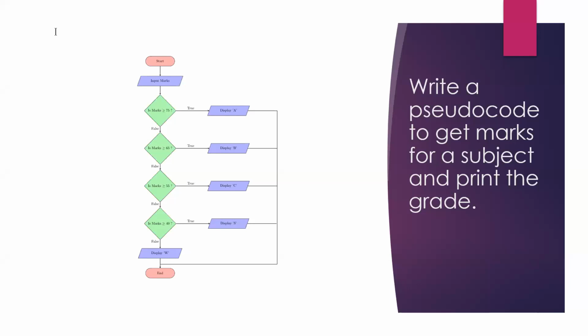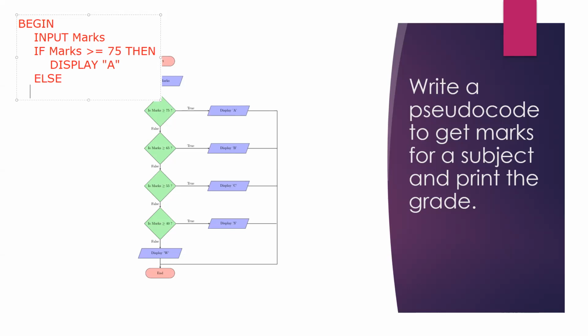So let me start with putting begin. And then we say input marks. And then we have an if statement. So the condition is marks, we are checking whether it's greater than or equal to 75. Then if that is the case, we know that it's display A. Yes.